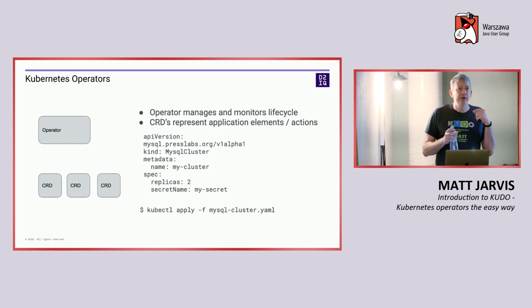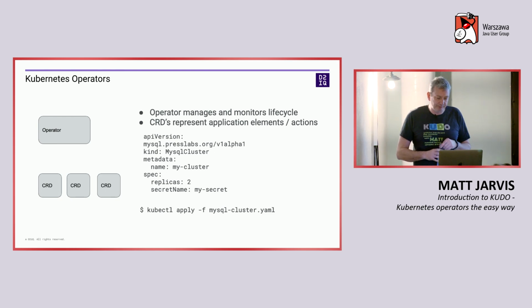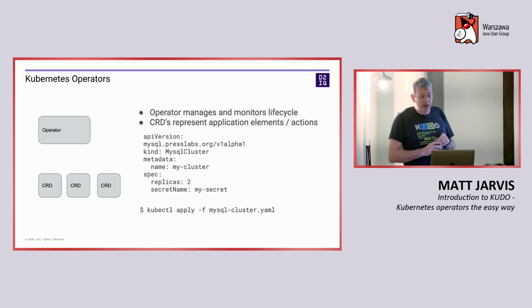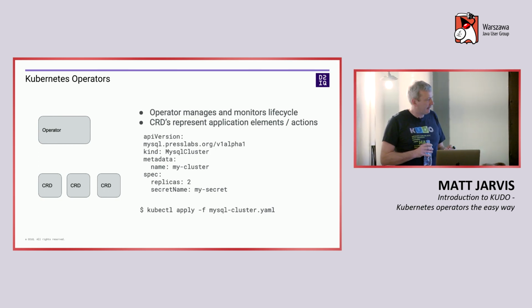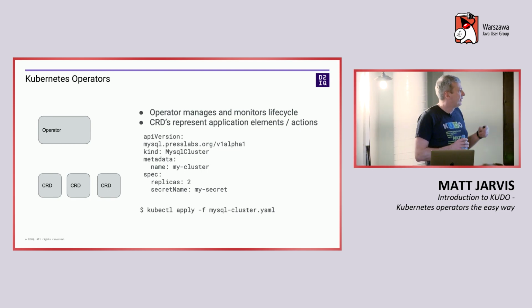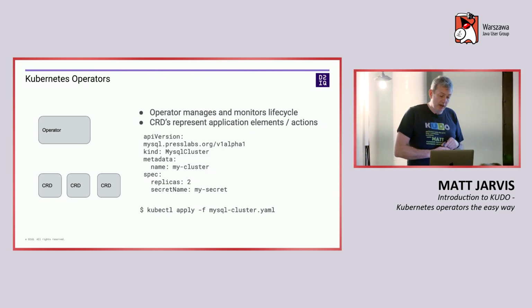But in this context, when we install an operator, what we will likely get is the operator itself. That's going to be some controller code, usually running in a pod of its own, that manages the life cycle of the particular thing that we want to control, and where that domain-specific knowledge is encapsulated. And we'll also typically get a bunch of custom resource definitions, CRDs, and CRDs extend the Kubernetes API to address new resource types.